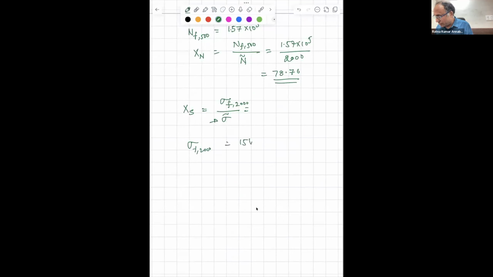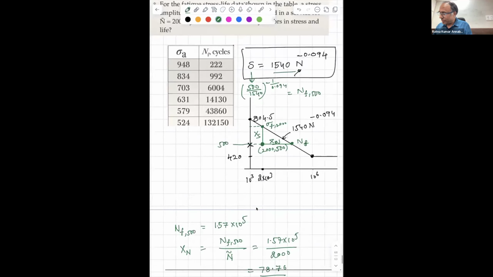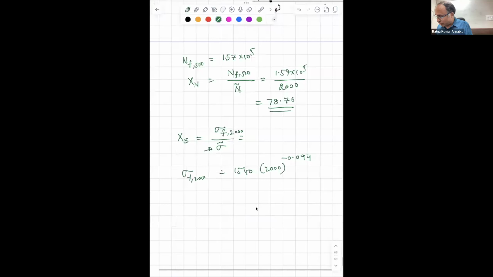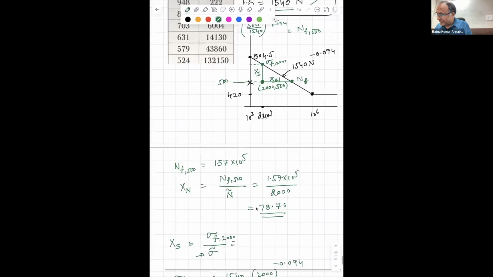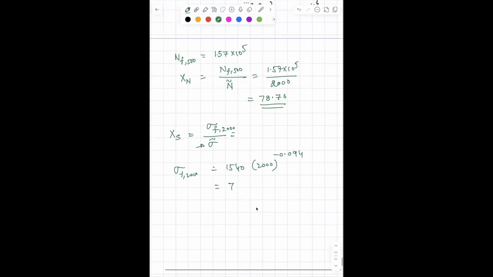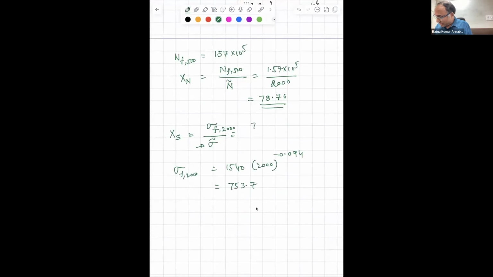That is 1540 into 2000 to the power minus 0.094. If you plug in that, what is the value? 753.7. So this is 753.7, but the component is only subjected to 500 MPa.